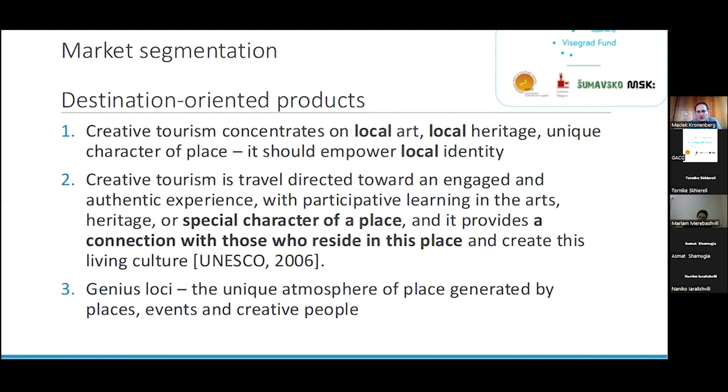It should empower local identity. So we have this word local bolded, and that's the key word here. Local. We should put the stress on it once again, that this product offered to the segment of creative tourists should empower this localness, you can say.